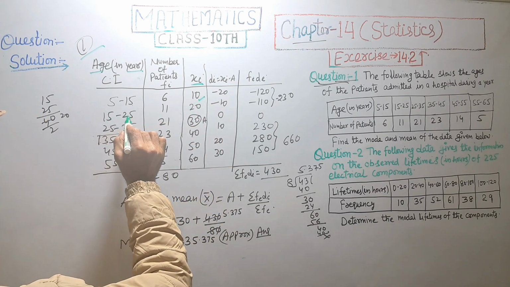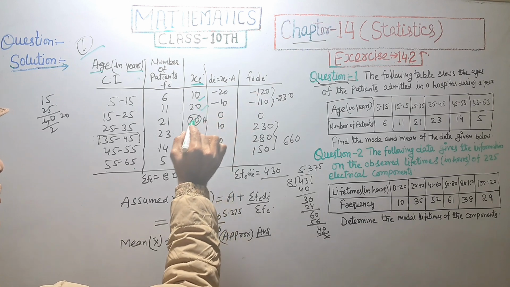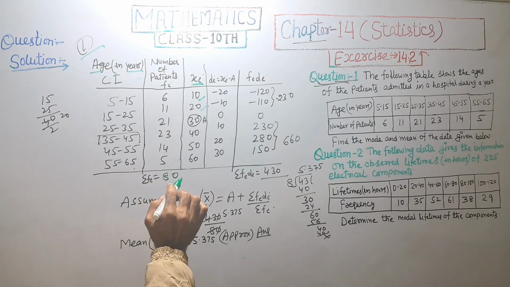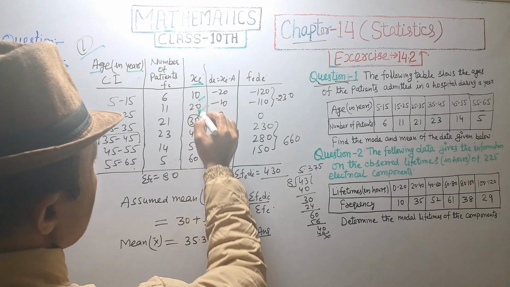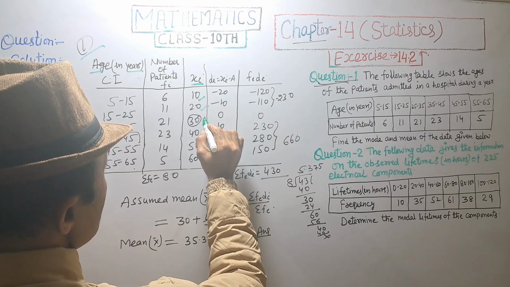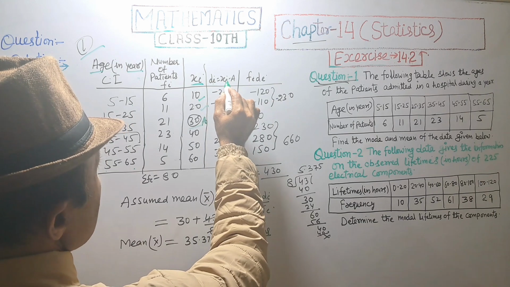And 15 plus 25 is 40, divided by 2, that is equal to 20. Then 30, 40, 50, 60. And for xi, let us assume a is 30, and di is equal to xi minus a.